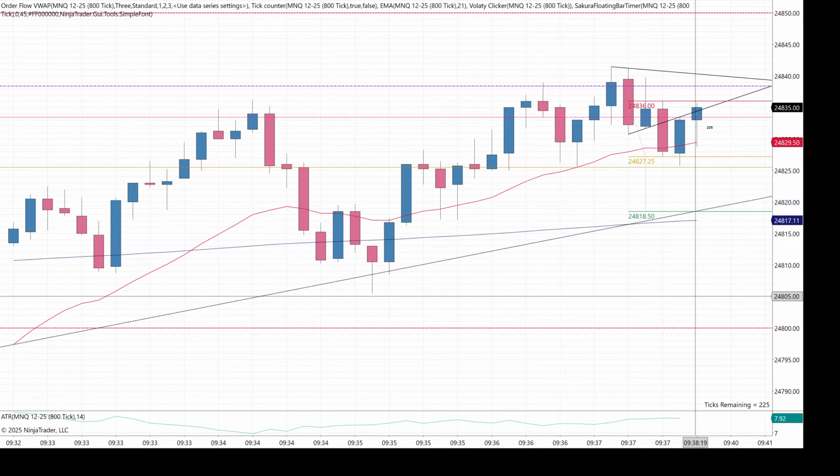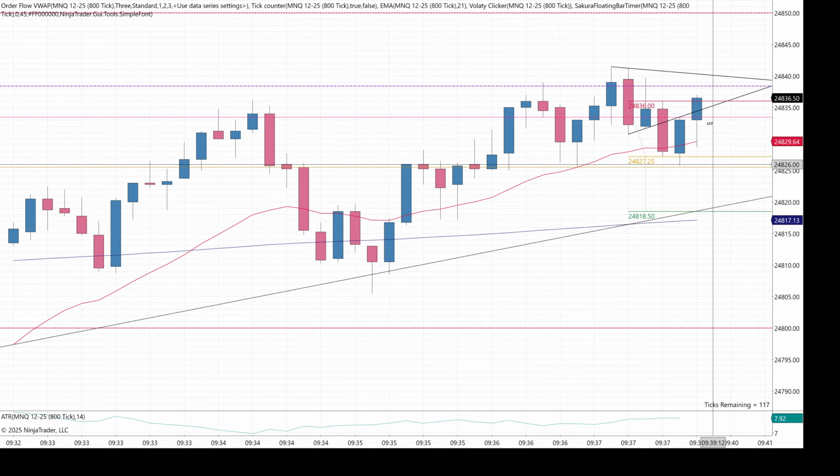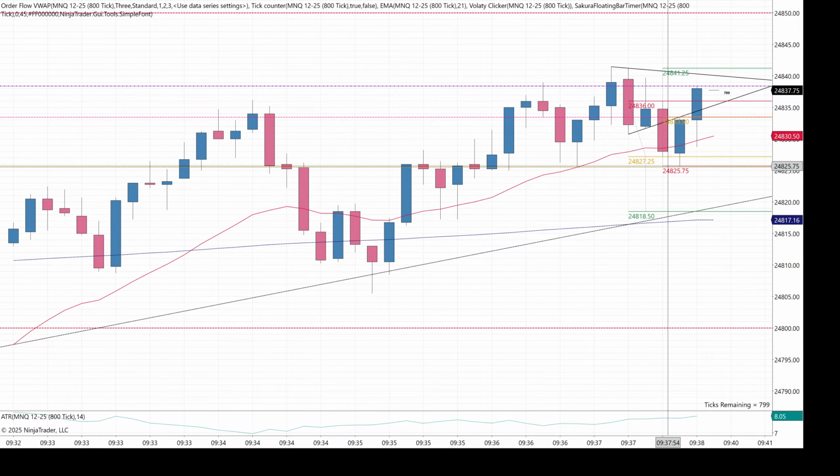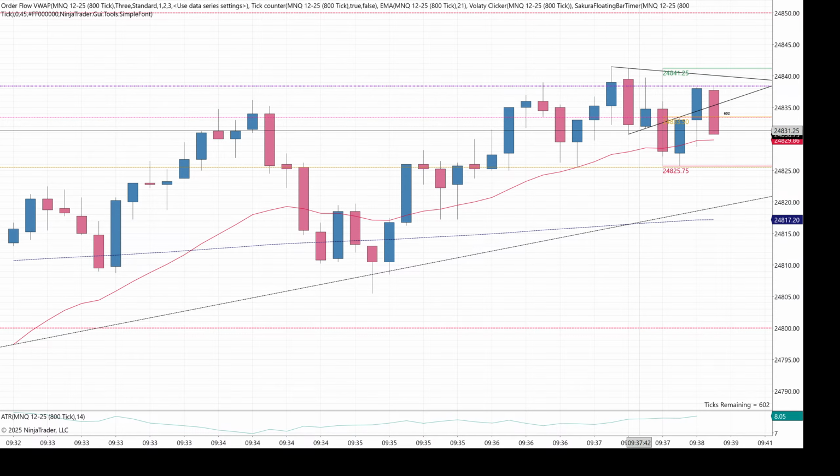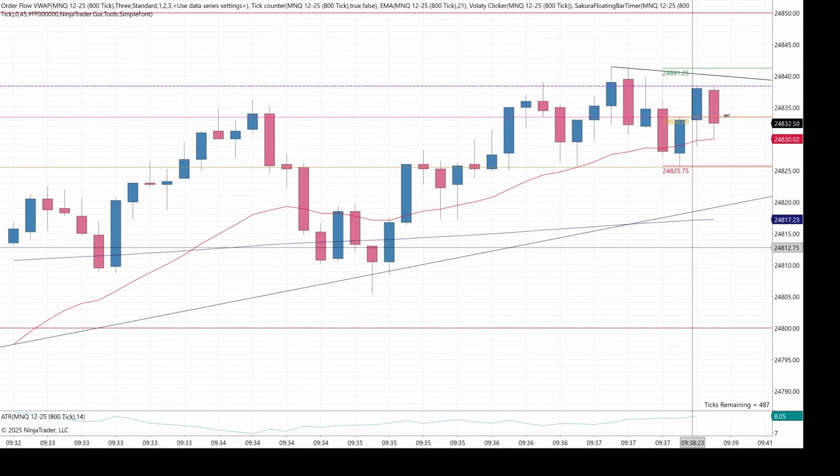This is also a bullish trigger here, but we were in the middle of the bearish trade. And there's a trend line up there, so we're going to pass on this one as well.